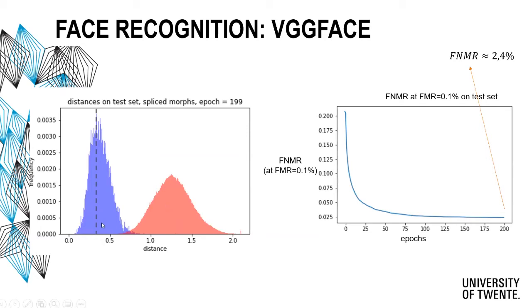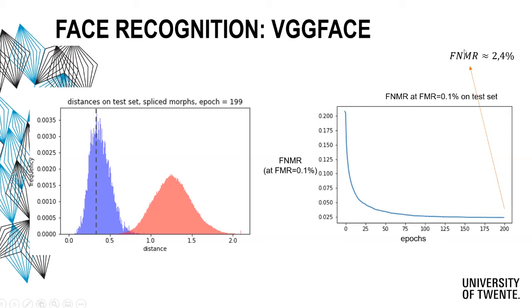You can look at where to put the threshold so that the false match rate is 0.1%, and then look at what the false non-match rate is at this particular threshold. During training, I trained this network for 200 epochs with the data that I mentioned before. You see that as you train, this value becomes lower and lower, which simply describes that the two distributions are separated better and better during training.